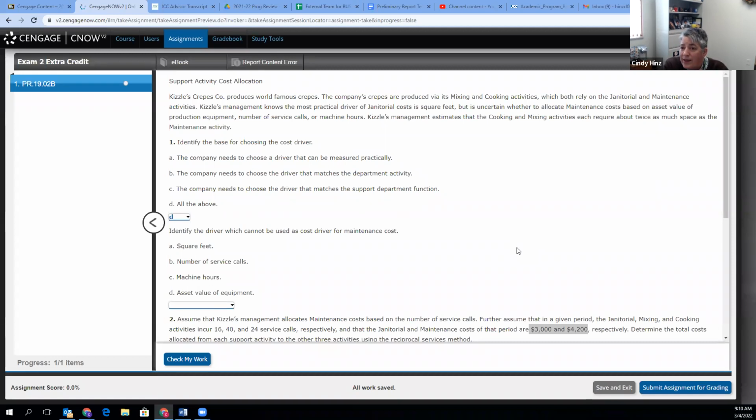So as we look at the second question, identify the driver which cannot be used as a cost driver for maintenance cost. So we know we're allocating janitorial costs based on square feet, but we're not sure how to allocate the maintenance costs. So we have asset value, number of service calls, or machine hours.